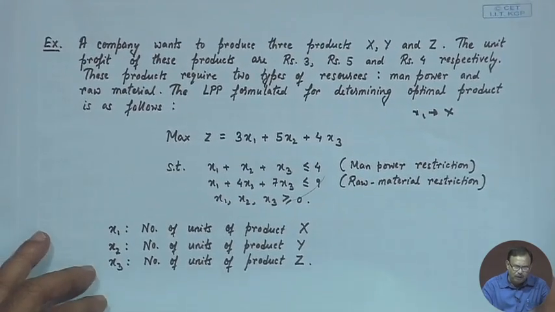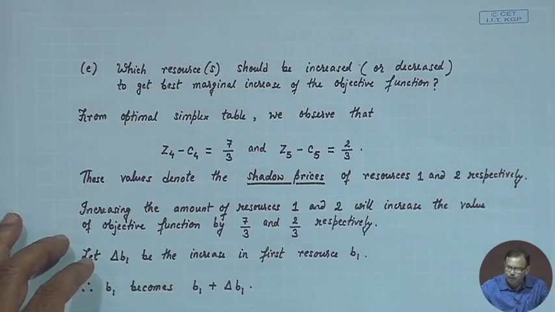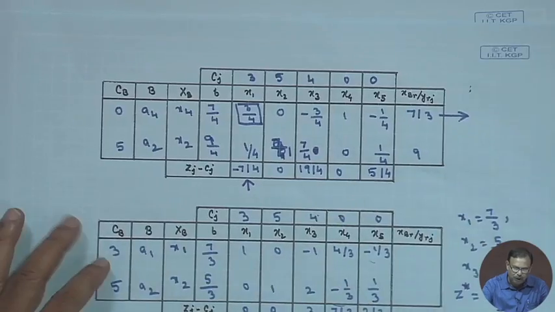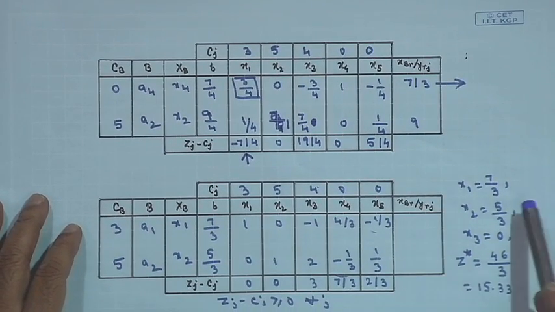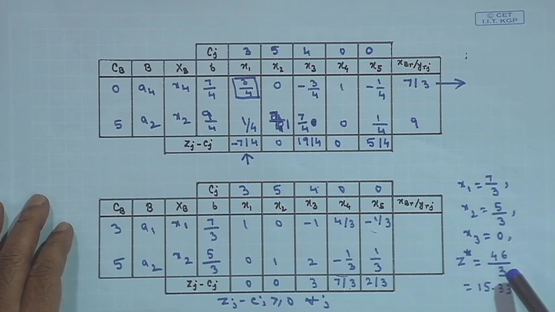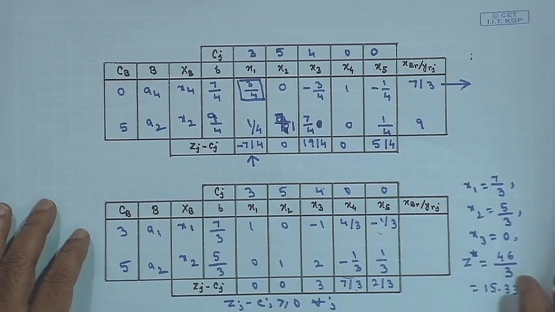For this problem, your solution was this last table: x1 equals 7 by 3, x2 equals 5 by 3, x3 equals 0 and z star was 46 by 3. The basic variables were x1 and x2 and the others were non-basic variables. So, this was the initial optimal solution.